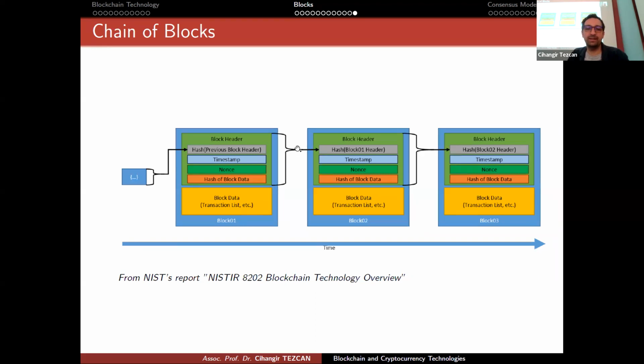If it is larger than the target, then you have to change the nonce. If you try all of the nonces and it is still higher than the target, then you have to modify this block data. Since you have a coinbase transaction here, you generally modify it, and this way this part becomes different. So you take the hash of it again to see if it is smaller than the target.